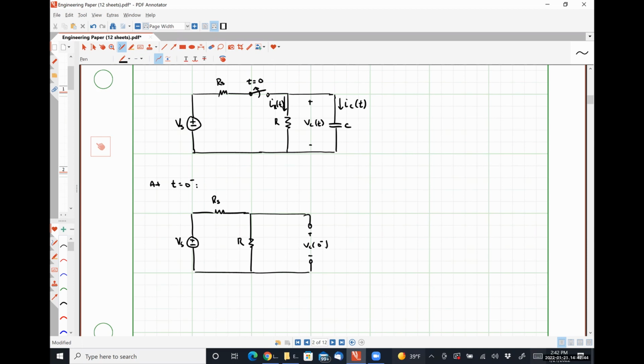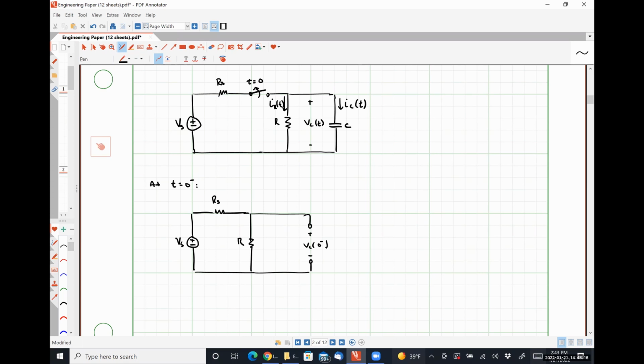So I'm going to ask you guys what I hope to be a fairly simple question. Is there a voltage drop across the capacitor in this instance? The capacitor is in parallel with the resistor that I've labeled R. Is there a voltage drop over the resistor that I've labeled R? Sure, absolutely.